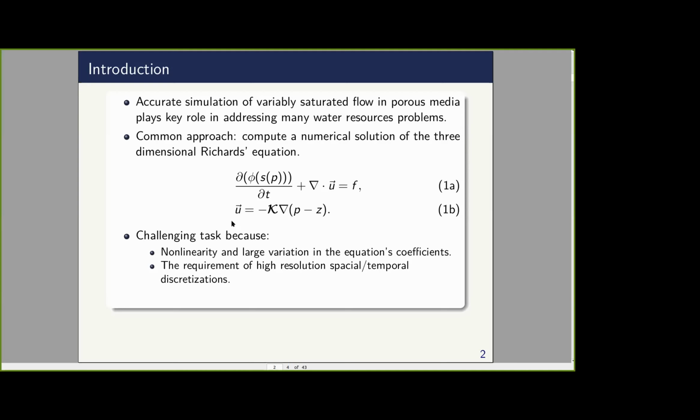Another reason is the requirement of really high resolution in spatial and temporal discretizations, and this has the consequence that high performance computing is necessary to tackle this problem.